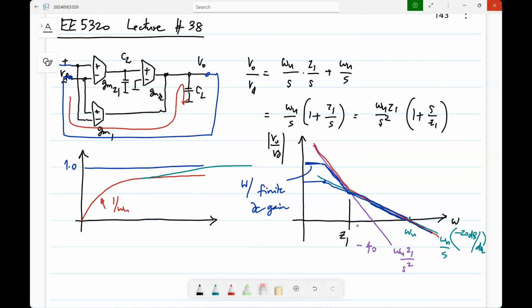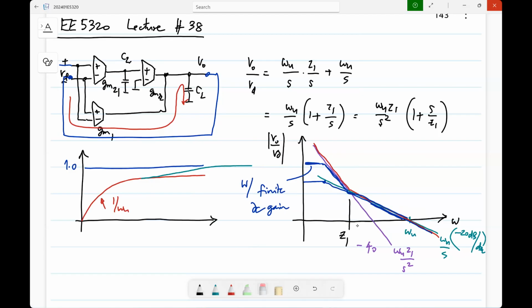So, similarly here, if you find that the phase margin is not sufficient, that is, this zero Z1 is close to omega u or maybe even beyond that, what will you do? How will you fix the situation? The zero Z1 is, instead of being below omega u, it is above omega u. What will you do?